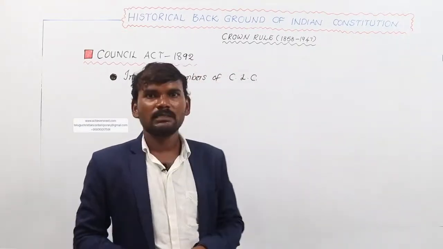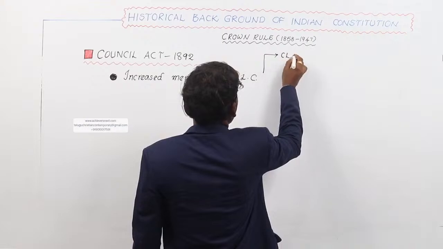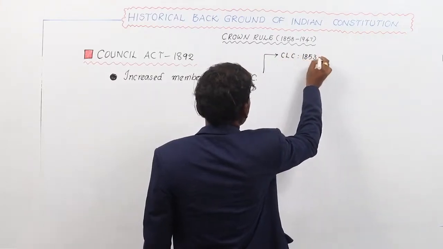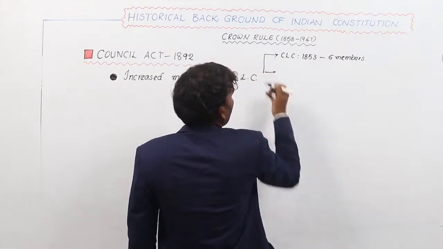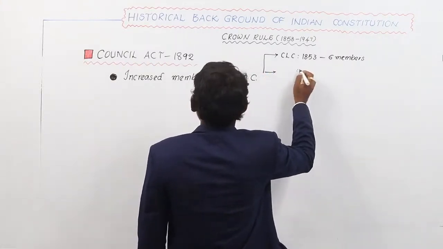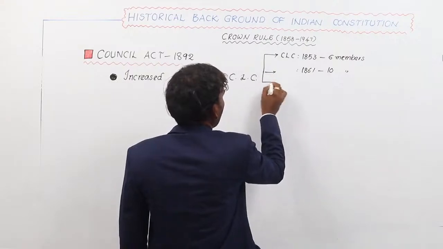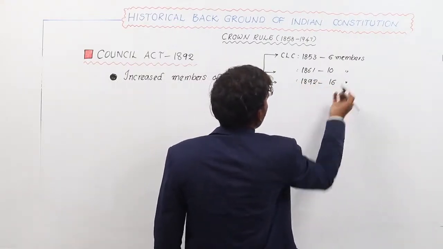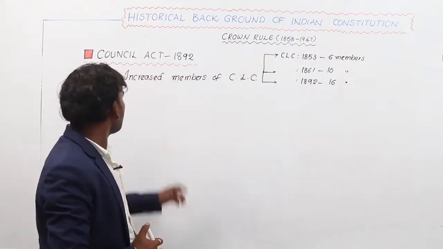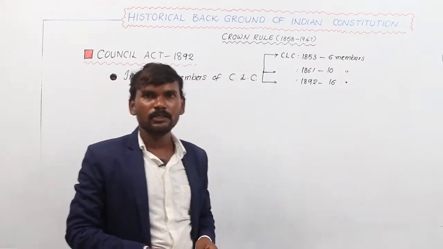By the Indian Council Act 1892, the number was increased to 16 members. So the number of Central Legislative Council members was increased from 10 to 16 by this act.